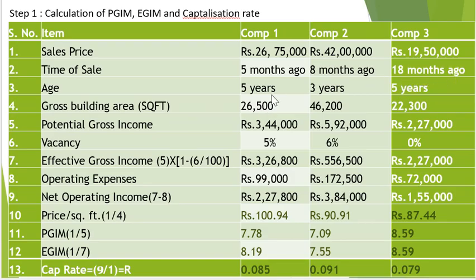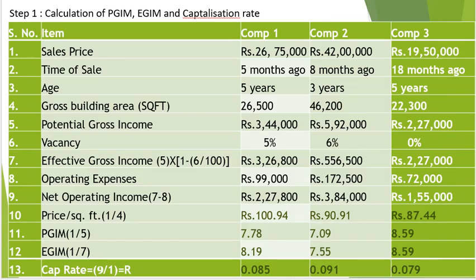Comparable 1 is 5 years old, comparable 2 is 3 years old, and comparable 3 again 5 years old. Gross building area in square feet 26,500, 46,200 and 22,300. Potential gross income is given to you: 3 lakh 44,000, 5 lakh 92,000 and 22 lakh 70,000.